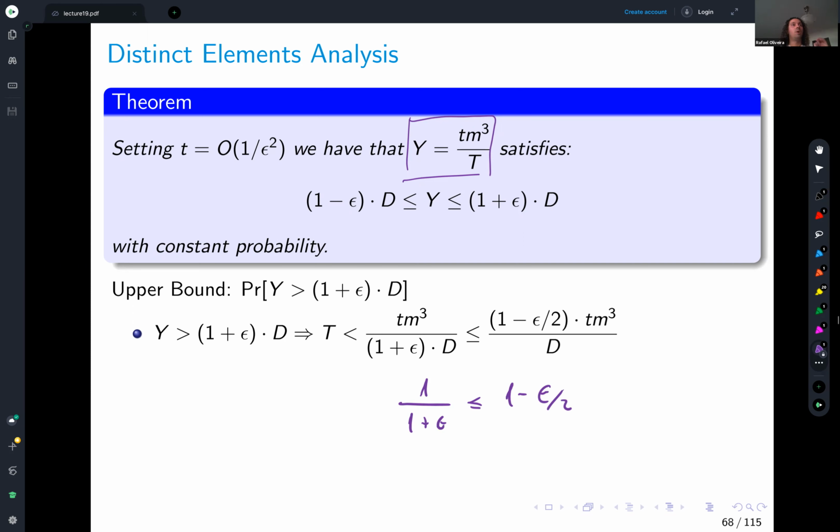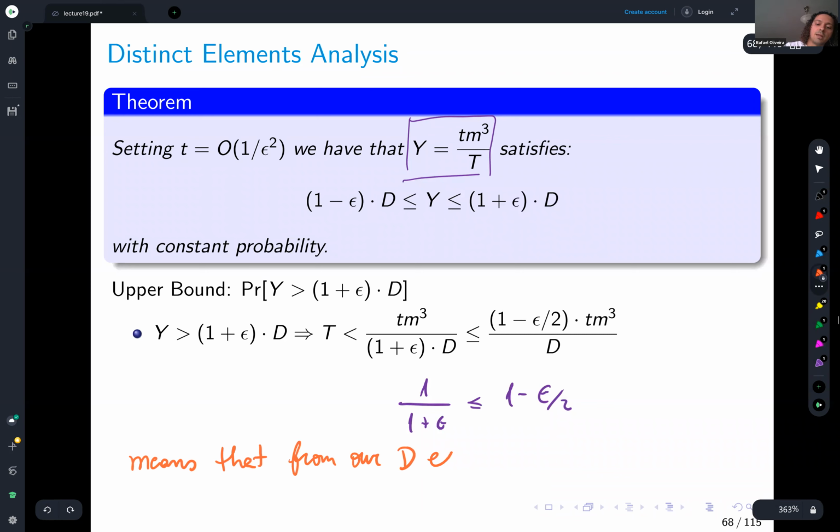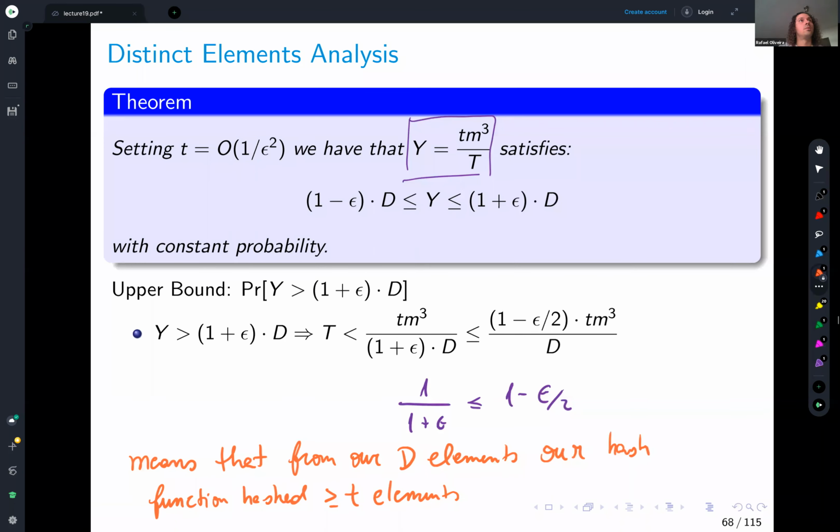But what does this bound mean? This bound means that from our d elements, our hash function hashed at least t elements in the interval [0, (1 minus epsilon over 2) t m cubed over d].